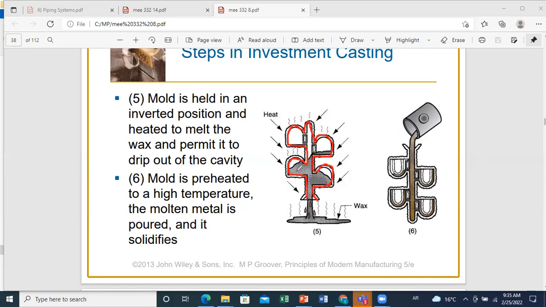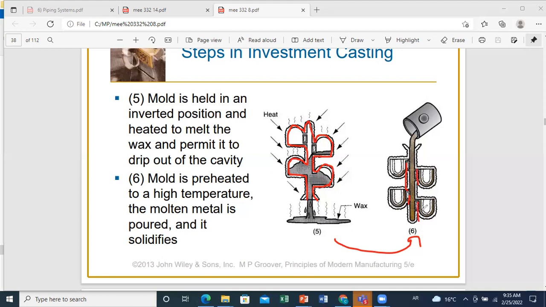Then when the wax is removed, you can invert it back into the initial position, and your mold will be preheated to a high temperature, and the molten metal will be poured and left to solidify within your system. So you created a cavity of complex shape, and after your metal solidifies, you can trim these parts here.